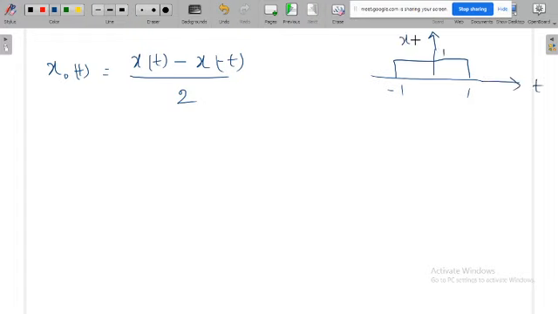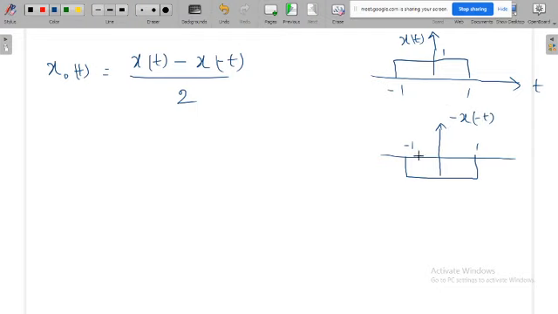Then what about x of minus t? It is again the same as x of t. Then what about minus x of minus t? If you calculate minus x of minus t, it will come like this, going from minus 1 to plus 1. You have x of t, and you have minus x of minus t.